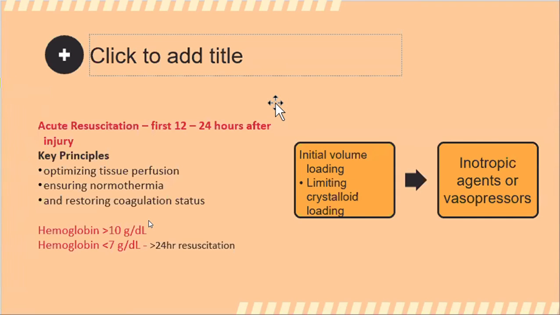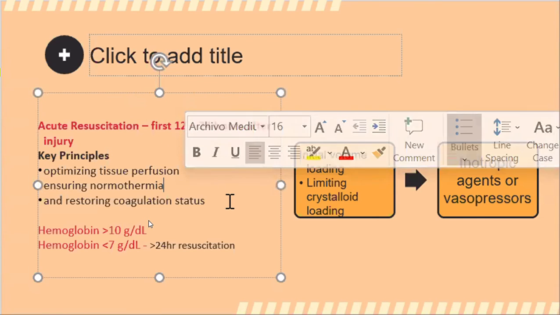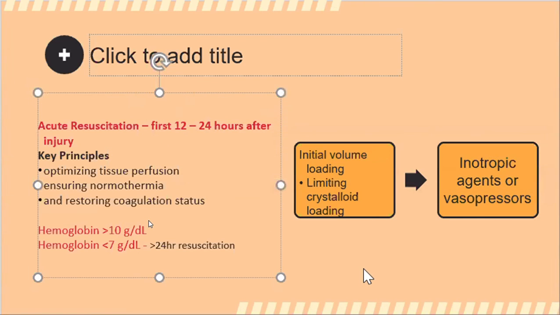So what are the important points to consider? We must optimize tissue perfusion, ensure normothermia, restore your coagulation status. So yung napansin mo, yung management nila is the ones that are preventing your deadly triad, di ba? Your coagulopathy, hypothermia, and acidosis.